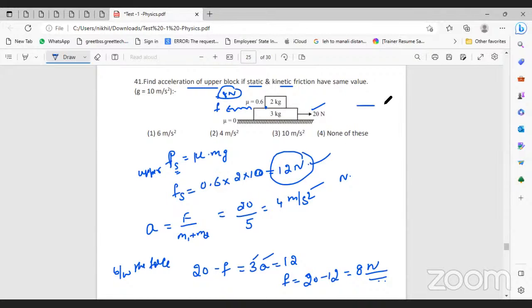So towards the right side, it is 12 Newton. Left side, it is 8 Newton. So definitely the entire system will move towards the right side. With what acceleration is it moving? 4 meter per second squared. So you can tell option B will be the right answer. Just to check what opposing force is there, we are cross-checking that.